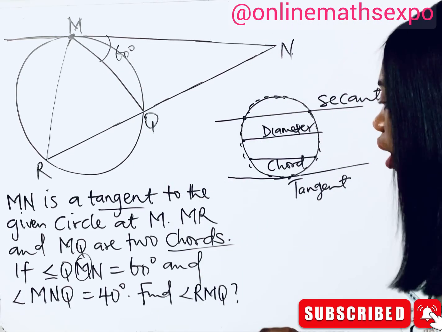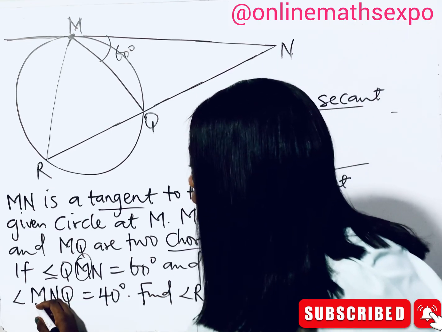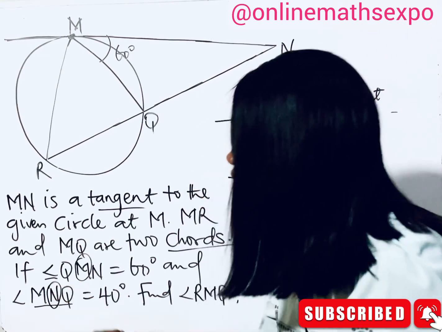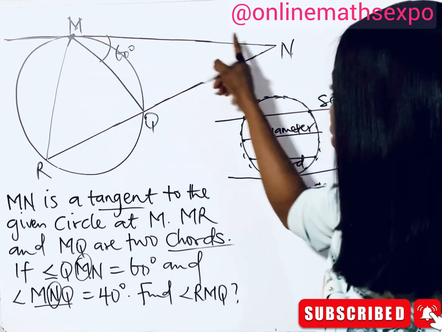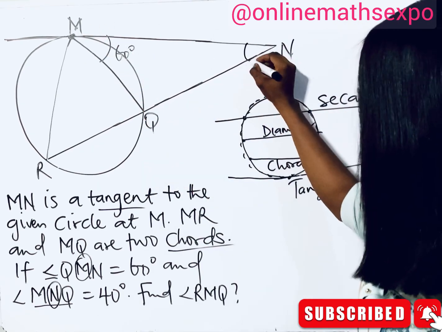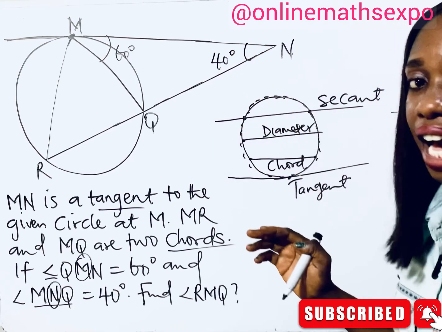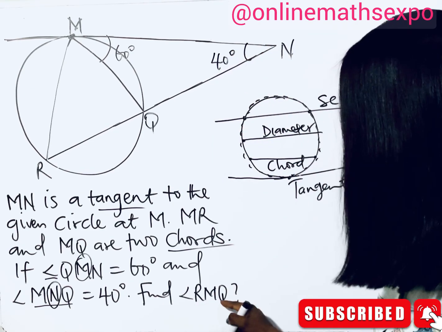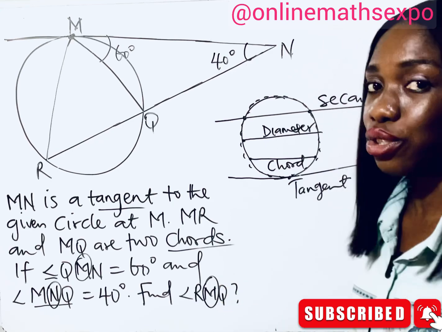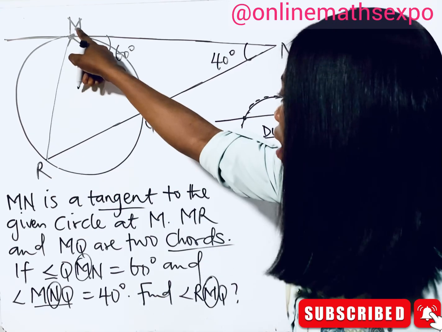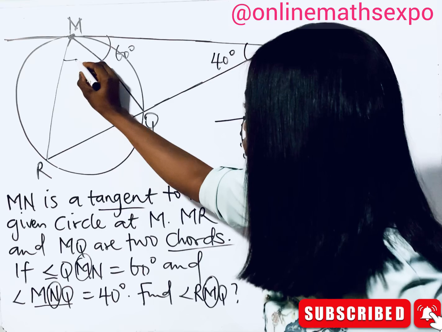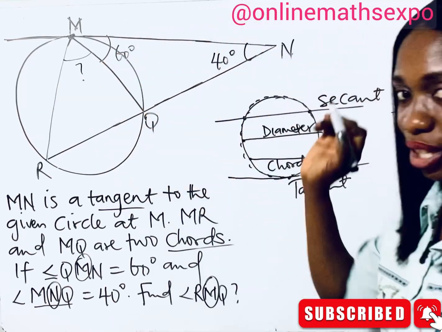We are also told angle MNQ, that means angle at N, and it is 40 degrees. So what are we asked to find? We are asked to find RMQ, that means this angle. So go to the diagram. RMQ, that means you are asked to find this, and that is what you are looking for.